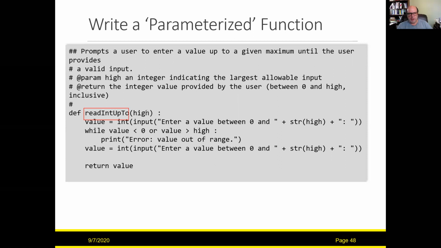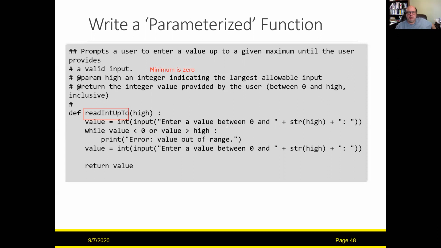We can put in the comments at the top: prompt a user to enter a value up to a given maximum until the user provides a valid input. And maybe I want to add a little text that the minimum is 0 or something like that. I want to say that somewhere so that people know that we are starting with 0, because I'm just passing one parameter.